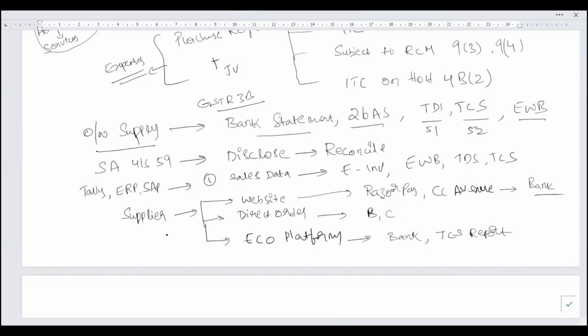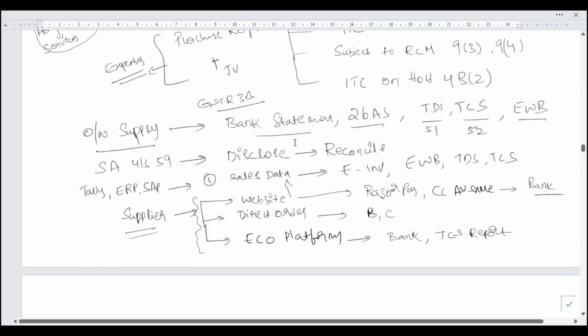So here, whenever we do this compilation of sales data, our activity should be to understand the business model. What is it that they do? And what are the modes of sales they have? Now, whatever reports we have for these modes of sales, does it match with the sales data I'm going to file? This is our primary objective we need to keep in mind.